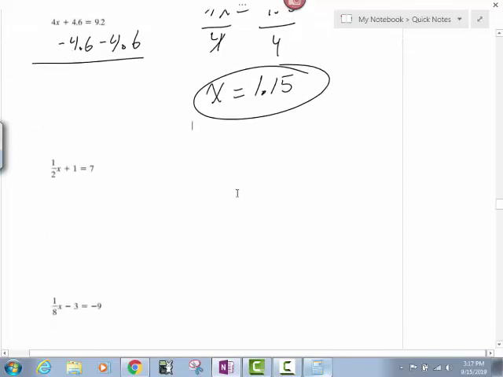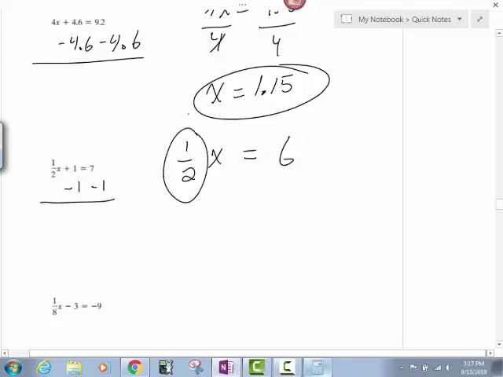Taking a look at the next problem here. So remember, we're combining the ideas that we used in the first two sections, right? So just like we did earlier, let's subtract 1 on both sides. Now I end up with 1/2 x equals 7 minus 1, which is going to leave me with 6. Now remember what we said, when we have a fraction in the front, we're going to multiply by the reciprocal.